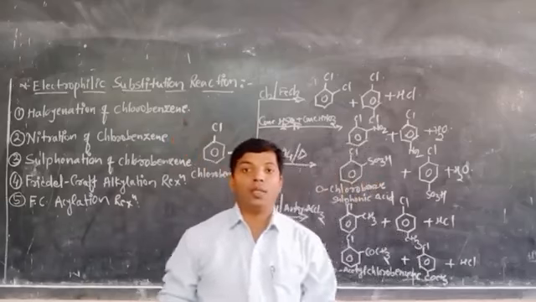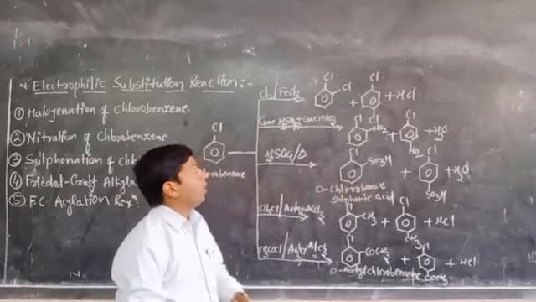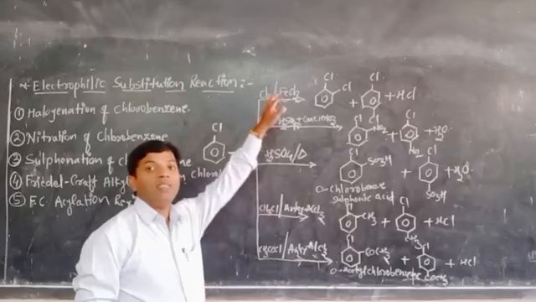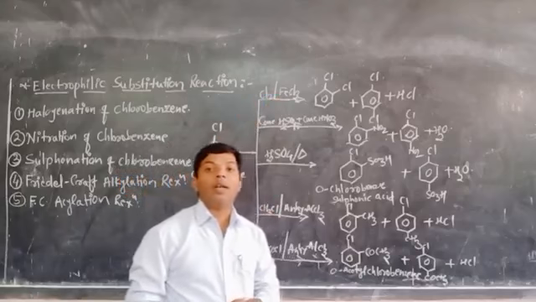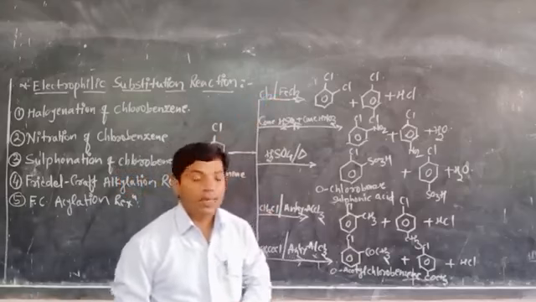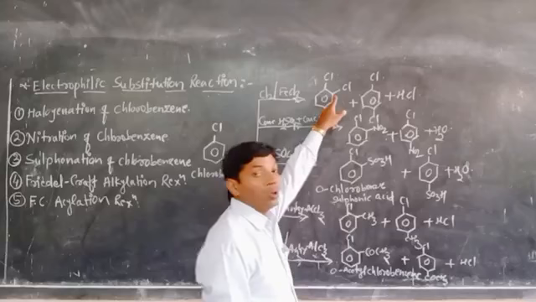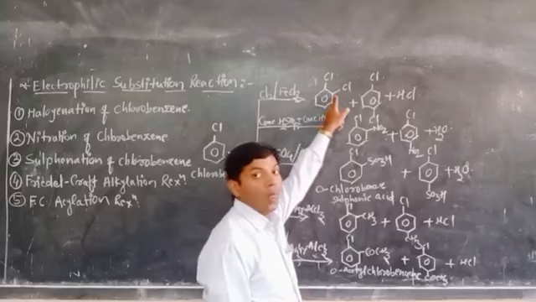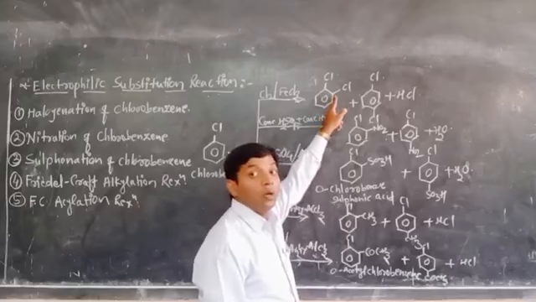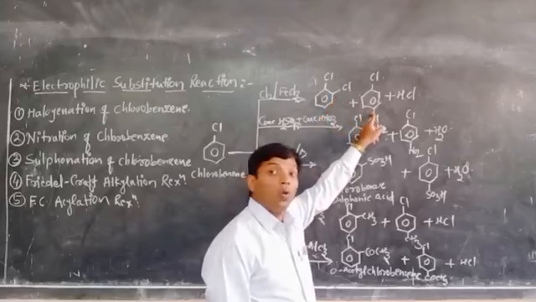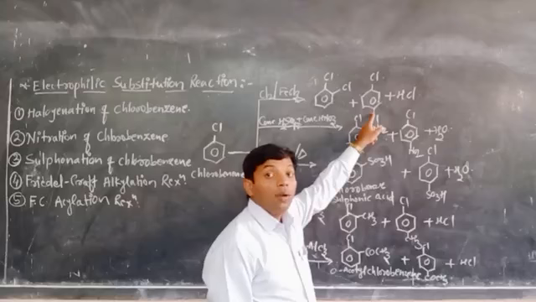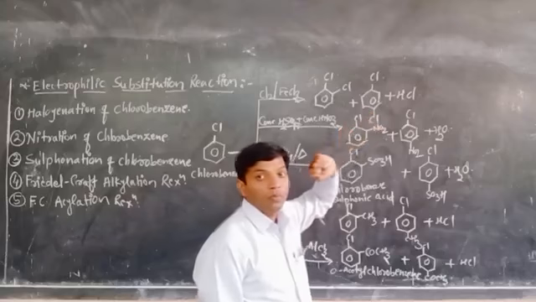Chlorobenzene is treated with chlorine in the presence of FeCl3, and it gives the ortho-substituted and para-substituted products. That is, you will get 2-chlorobenzene, also called 1,2-dichlorobenzene, and we will get 4-chlorobenzene, that is called 1,4-dichlorobenzene.